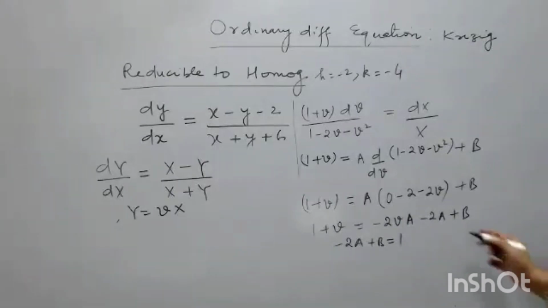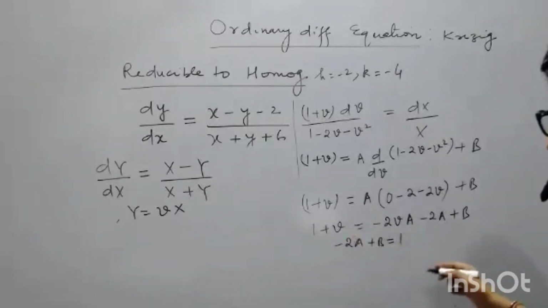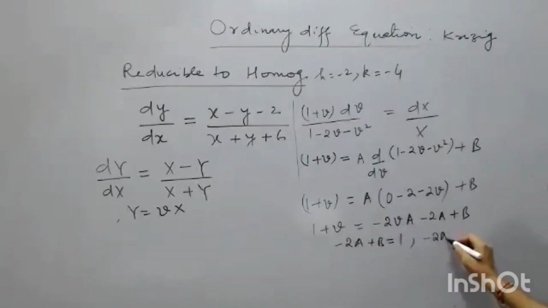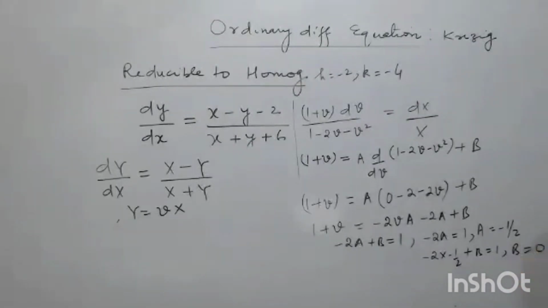And what about this value? Minus 2A is equal to 1. So what is the value of A? Minus 1 by 2. And what is the value of B? So B is equal to 0.